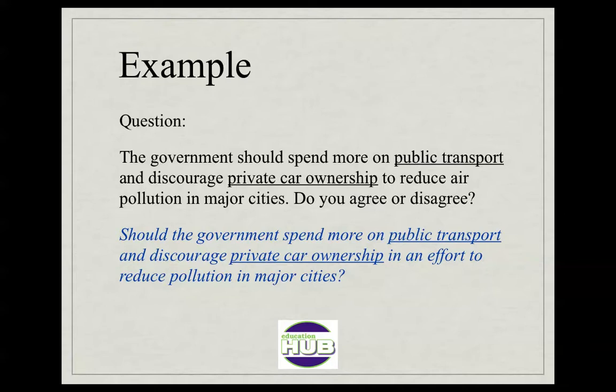Now, here's the question that we've used to help us understand it. Should the government spend more on public transport and discourage private car ownership in an effort to reduce pollution in major cities? Okay, and just as the first question is asked, we must give our opinion. And by reformulating the question like we have, it's forcing us to give our opinion.